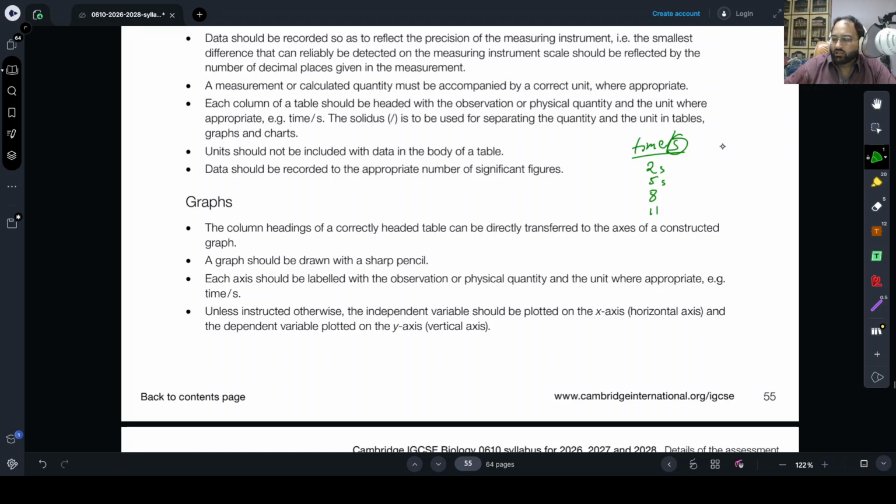Let's say number of bubbles, for example, conducting some sort of experiment. And so when we make a graph out of this, we're going to take this and put it directly on the axis. So this is time in seconds, and this is number of bubbles.